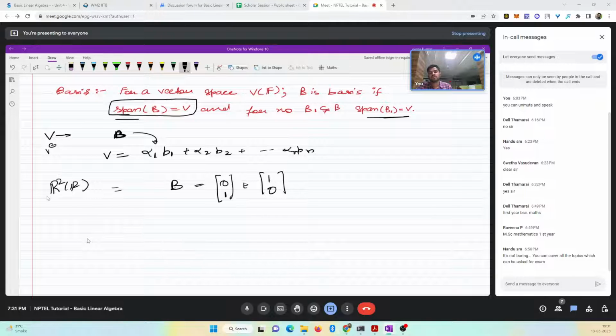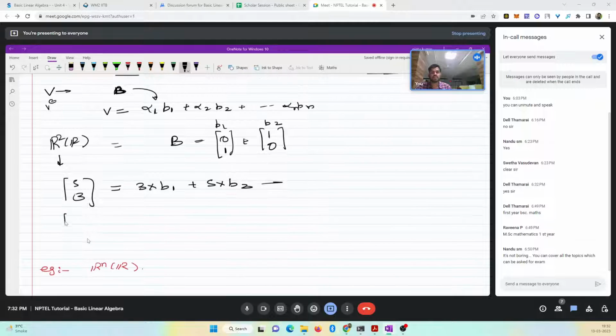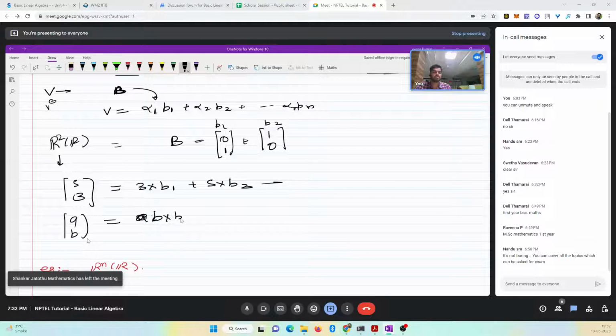Now, if I have to write (5, 3) in terms of B1, B2, how can I write it? If I take 3 times B1 plus 5 times B2, I obtain this thing, so this is (3, 5). If I have any arbitrary (a, b), I can write b times B1 plus a times B2 and I'll obtain that element. So the first property is satisfied here.